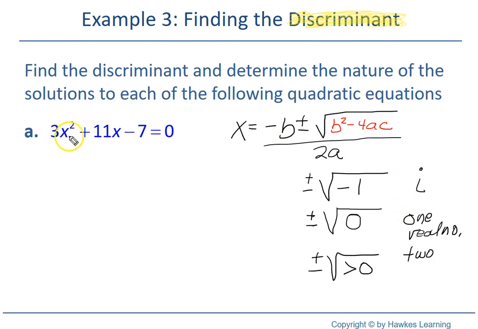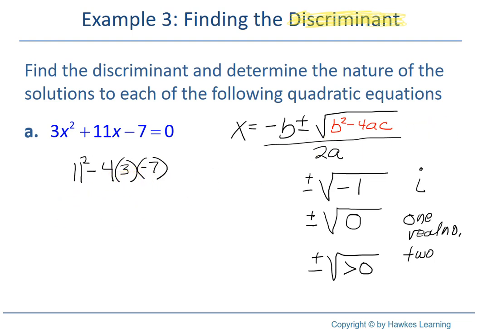So when we do example A here, it's in standard form. What do we need from this? Well, we're just asked to find the discriminant. So we're going to go b squared. Now, b squared would be 11 squared here, minus 4, a is 3, and c is -7.